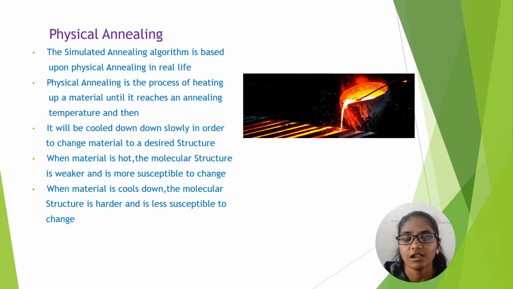Any material like glass, when it cools down after being at high temperature, changes to its desirable state. This is the diagram of physical annealing. It is a real life example: when the temperature is heated, the material changes to whichever desirable state you want.